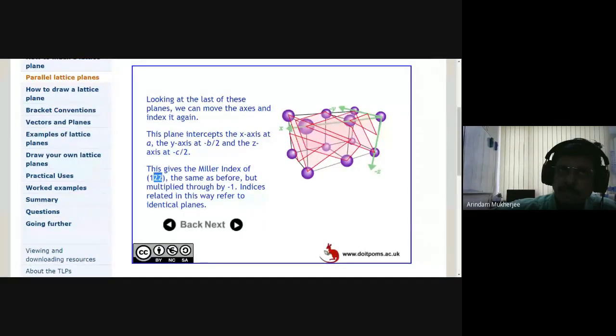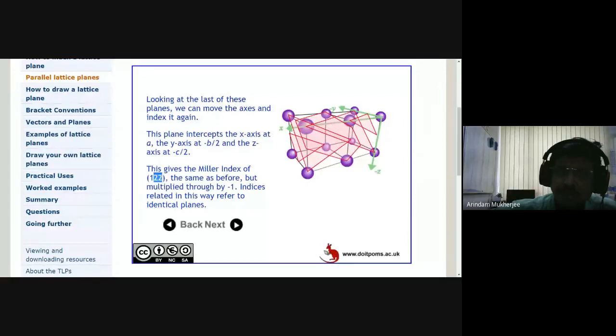Even after that, if you don't get integers, you have to multiply with a common number for all of them, then you get Miller indices. After that, whatever you get, you might multiply with a negative sign and you will get the same plane back again. You know these rules. These rules are clear because you see that they are the same, so they give the same family of planes. You saw this, right? Yes, sir.